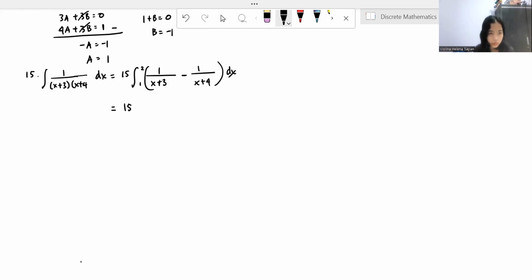The integral of 1 over x plus 3 is the natural logarithm of the absolute value of x plus 3, and the integral of 1 over x plus 4 is the natural logarithm of the absolute value of x plus 4, with 2 as its upper bound and 1 as its lower bound. To calculate this, we can do this.